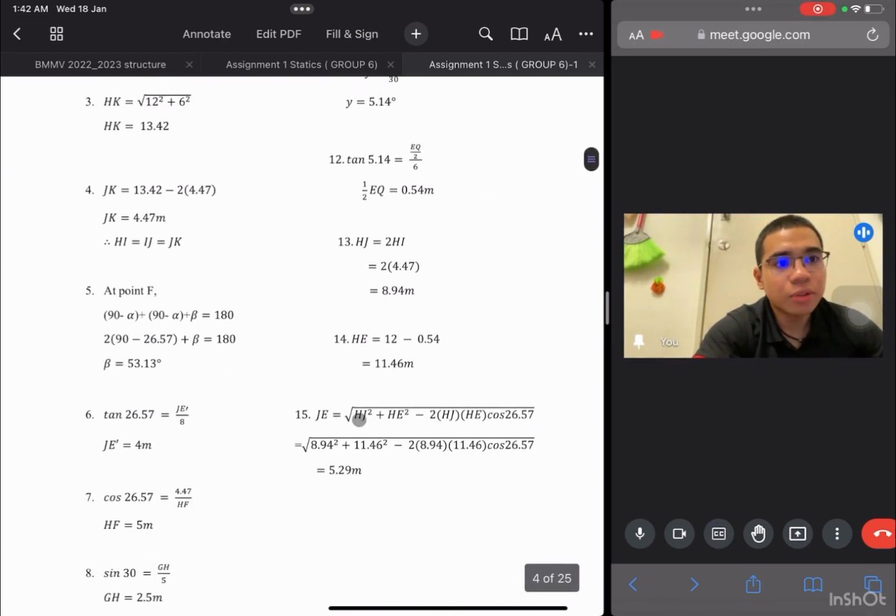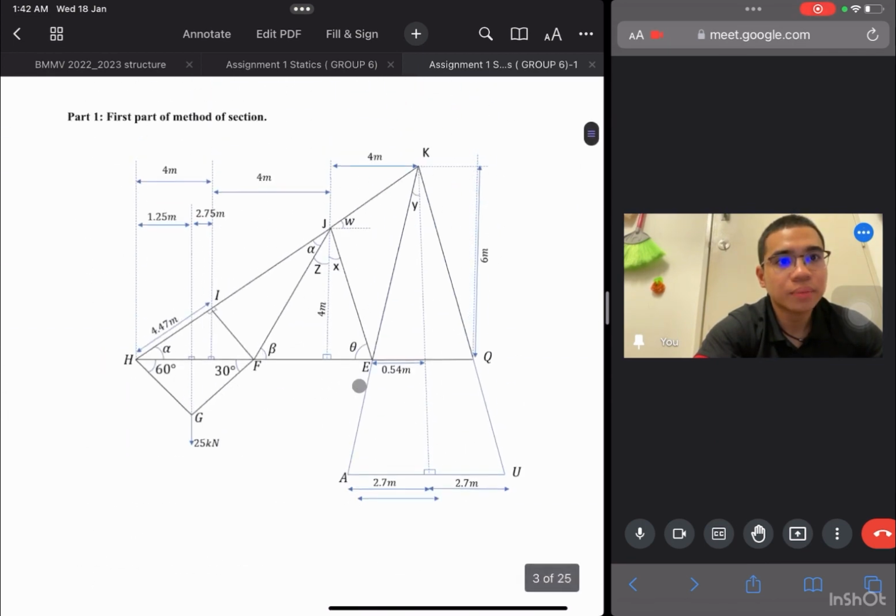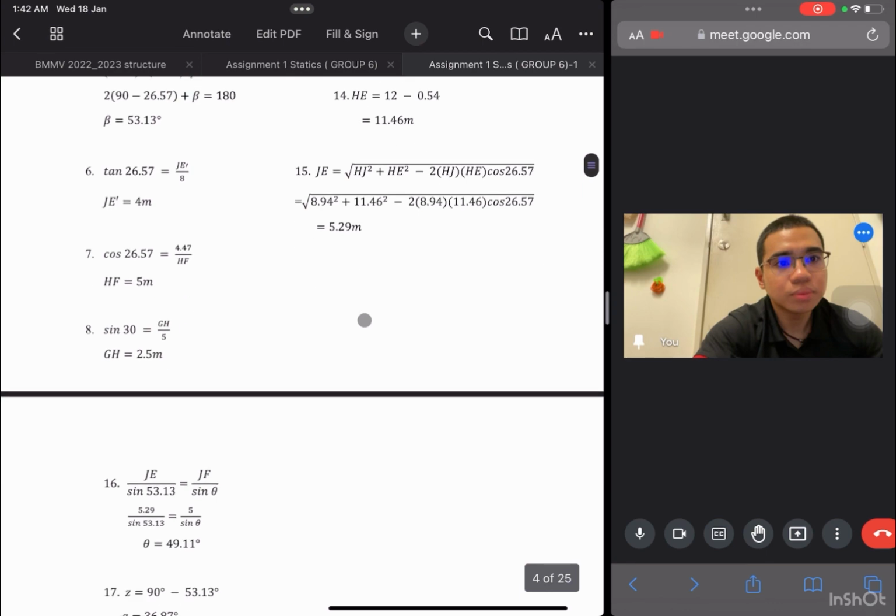JE. For JE, I will use the formula of trigo, where we already have the length for HJ, HE, and the angle between HJ and HE. So we'll get the length for JE, 5.29. So JE, this is the length of 5.29.